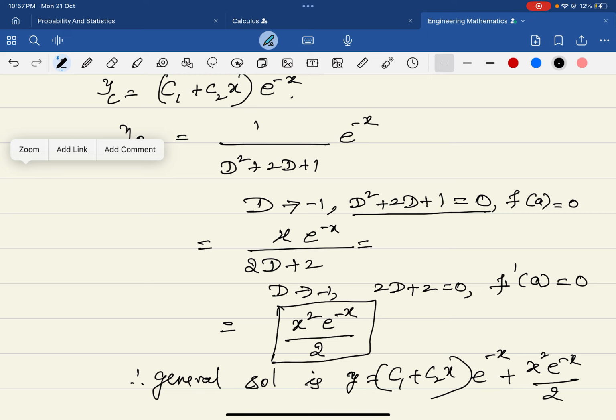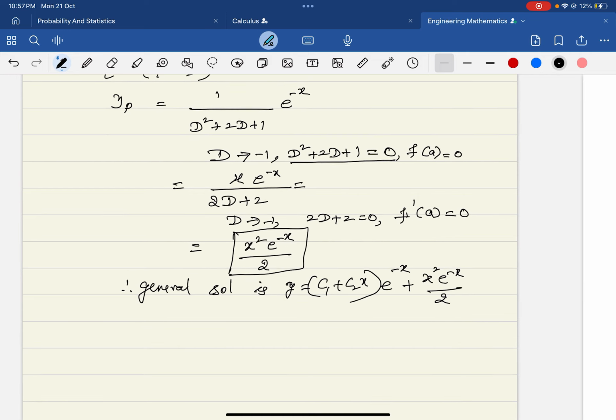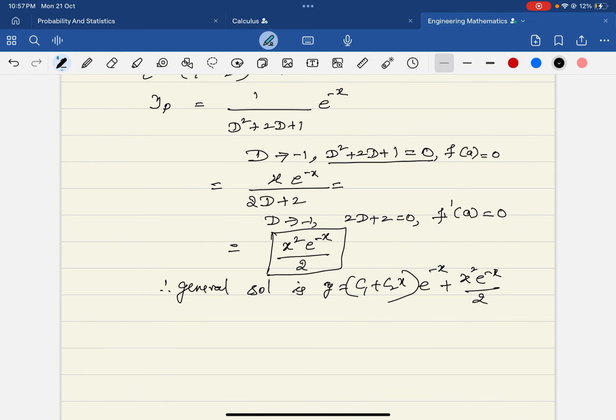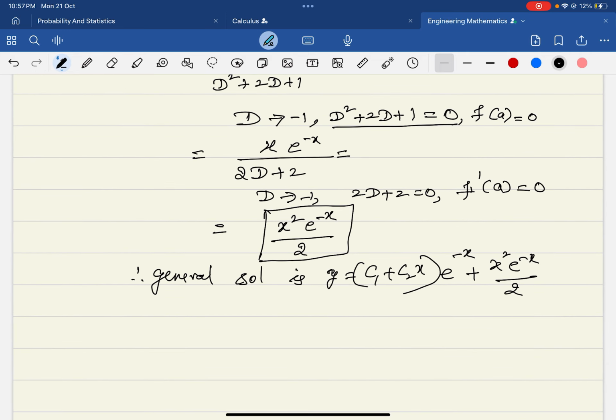I hope you could understand. I have done one problem where you substitute and don't get 0, and when you substitute and do get 0, I have shown what to do in this problem. I hope you understood the lecture nicely, how to solve the non-homogeneous differential equation and how to get the particular integral we are dealing with now. I hope it is clear, my dear students.